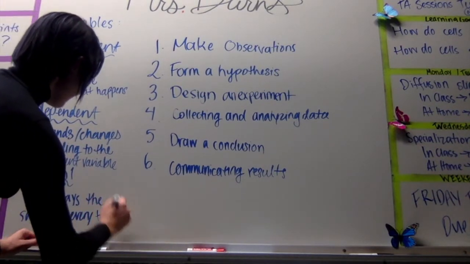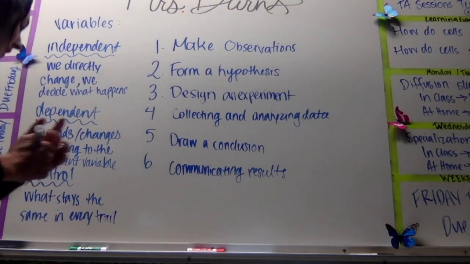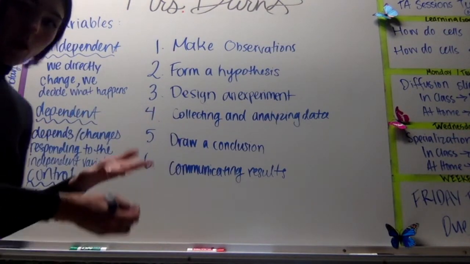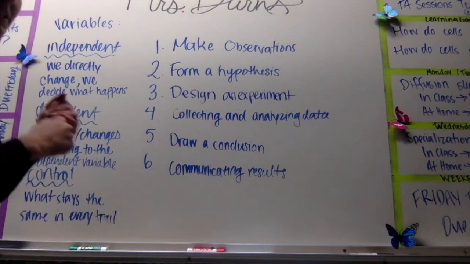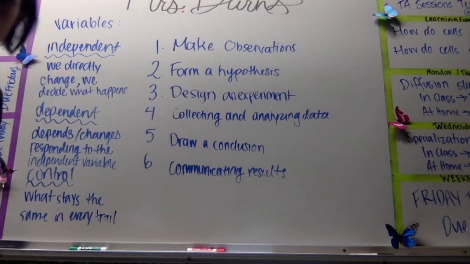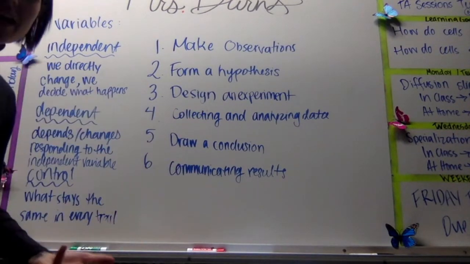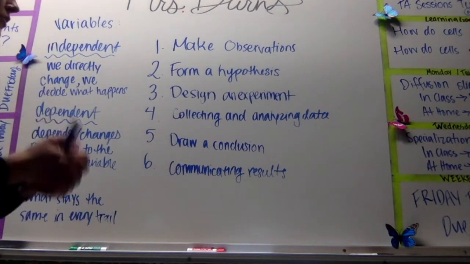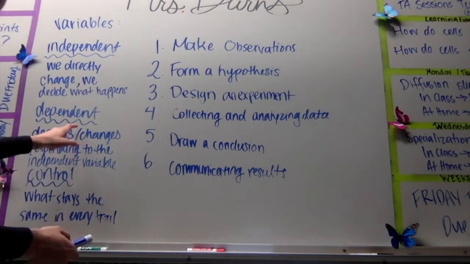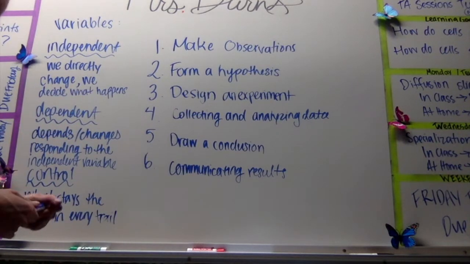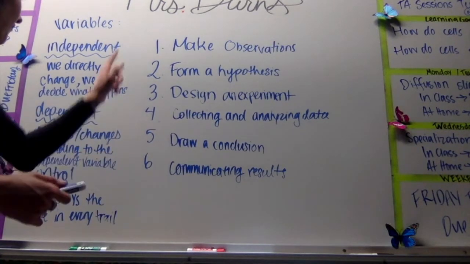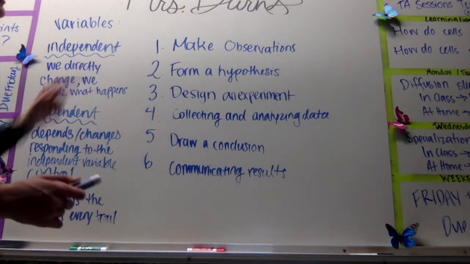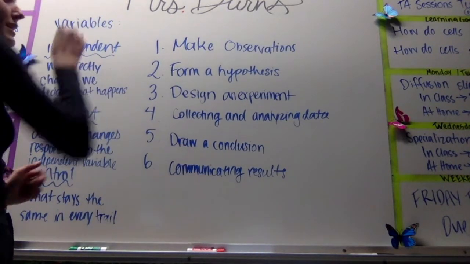So I guess another example would be like you want it to be hot water, you want it to be the same amount of water, you want it to be the same kind of water, you want it to be just the same. You want it to be consistent through every single trial. That way you know that your results, the way that your dependent variable changes, isn't based off of anything except for your independent variables, the ones that you directly want to control.